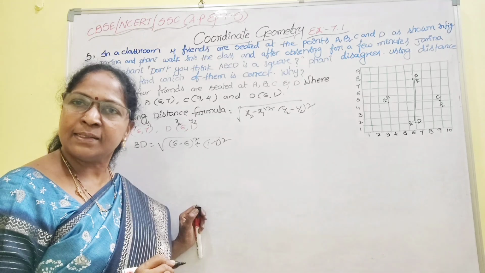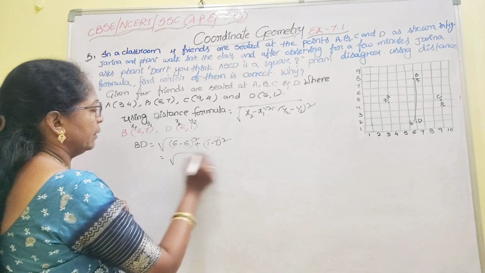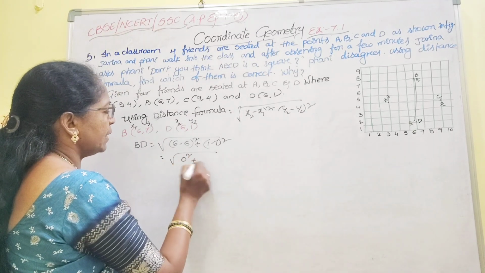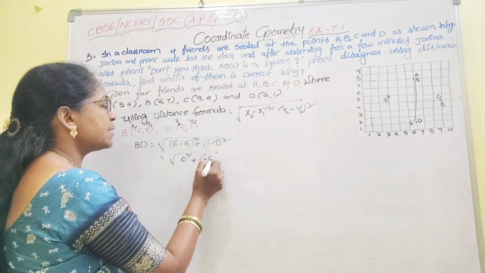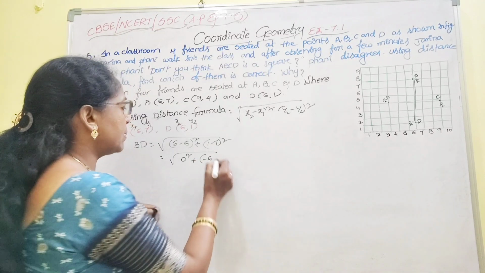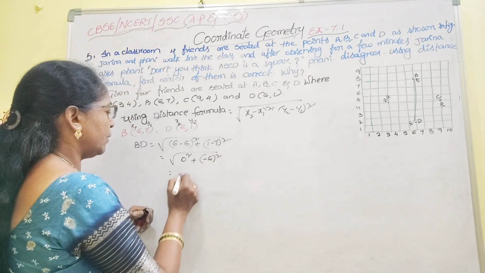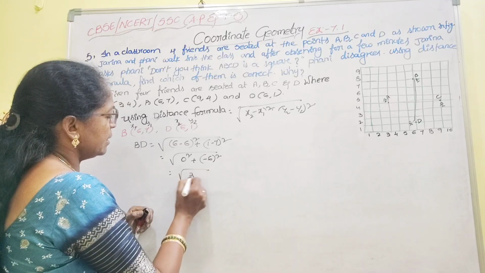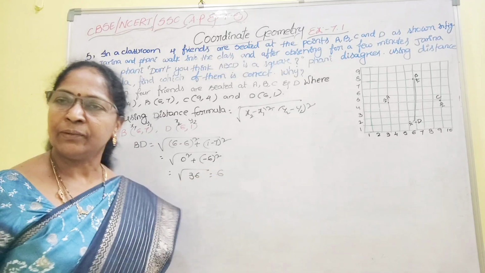Where 6 minus 6 equals 0, that means 0 square, plus 1 minus 7 equals minus 6 whole square. That equals square root of 36. That value equals 6.